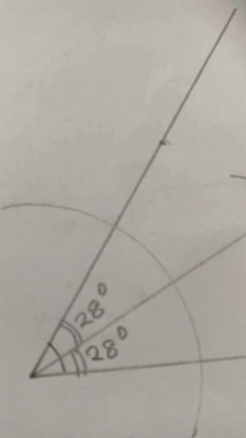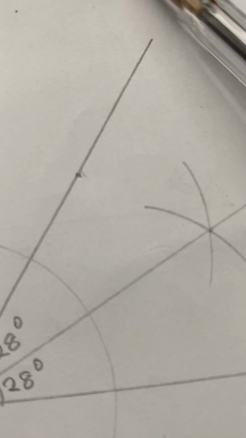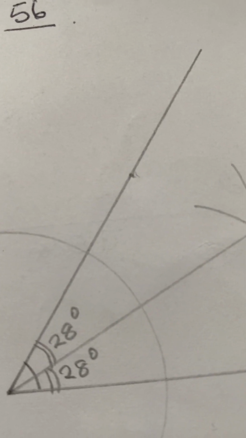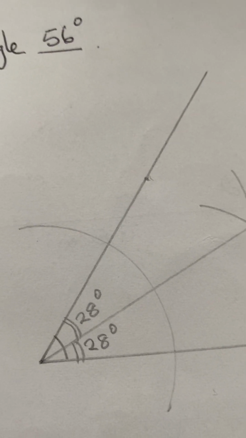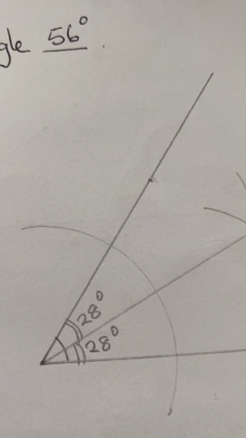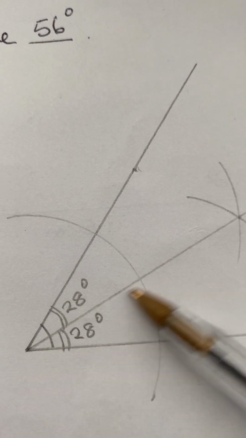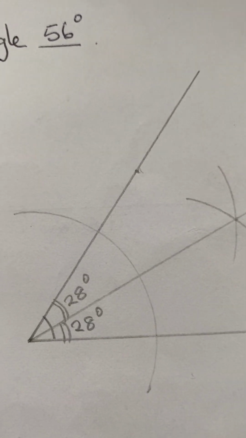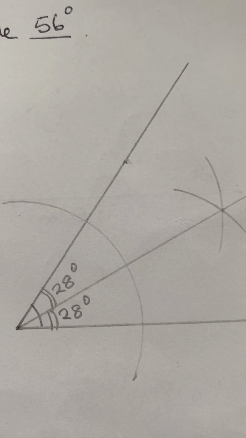So here, I said to you yesterday, they can allow you to draw the angle on a line with length, or they can just give you the angle in the exam paper and then they see how you bisect it and they give you the line.